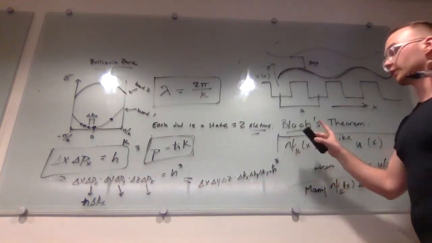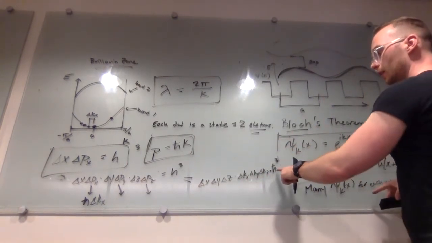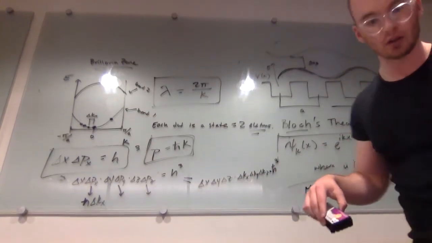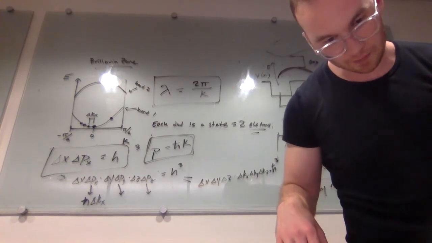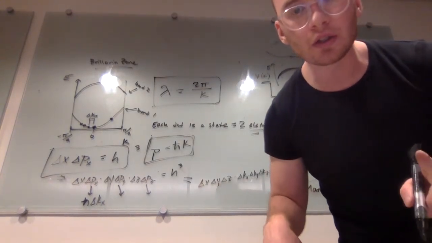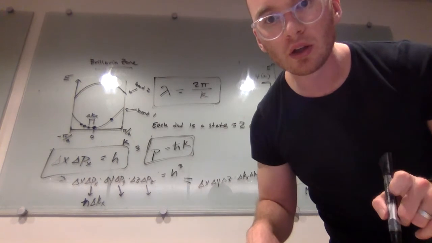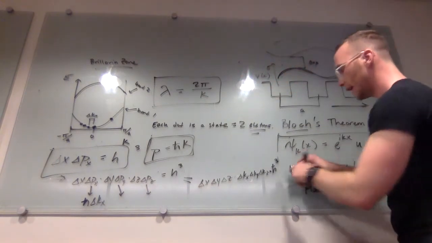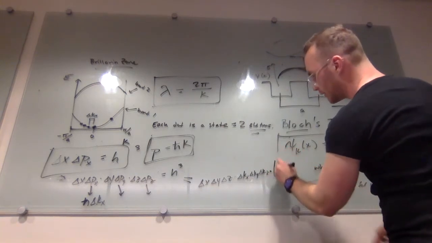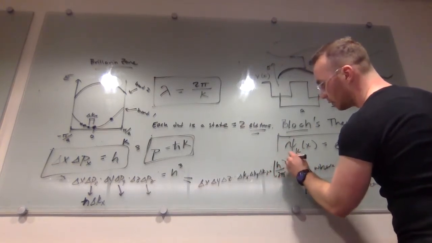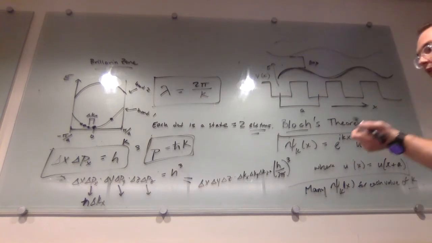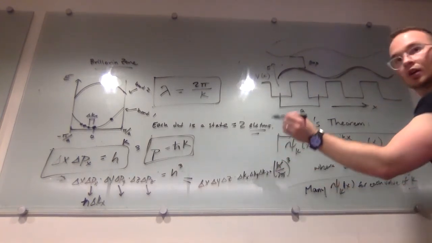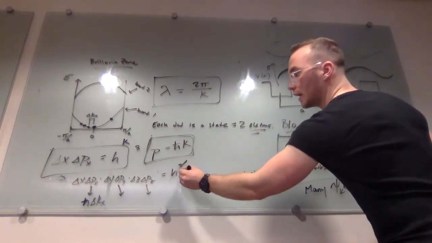Now we have h bar here and h here. h bar is h over 2 pi, and it was cubed. But now look at that, it's incredibly convenient that we have an h cubed here and an h cubed here. So this is 1 now.